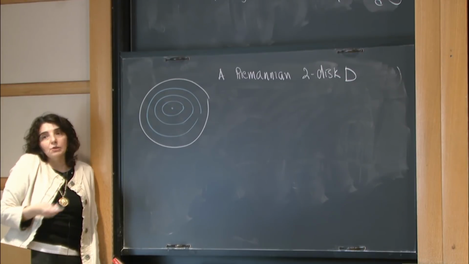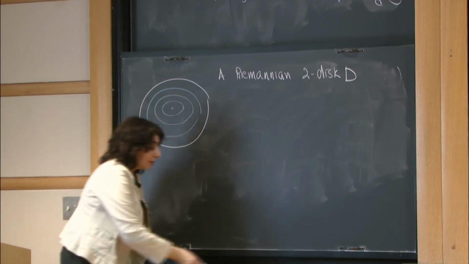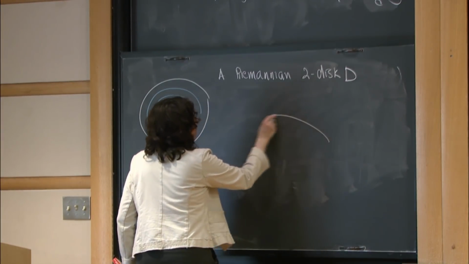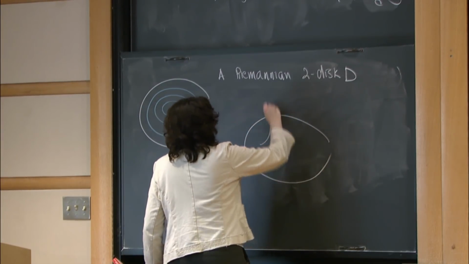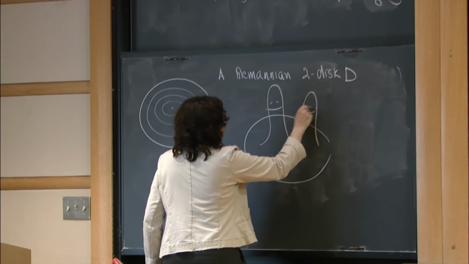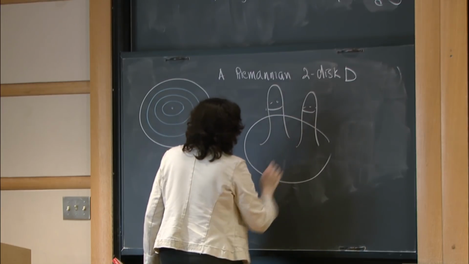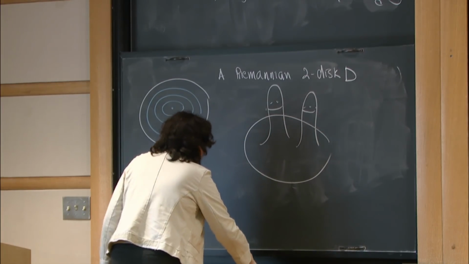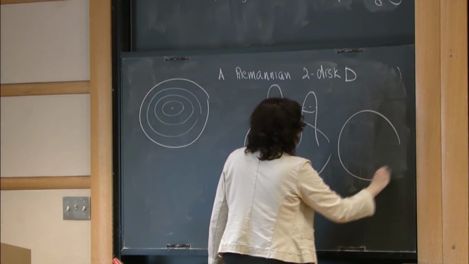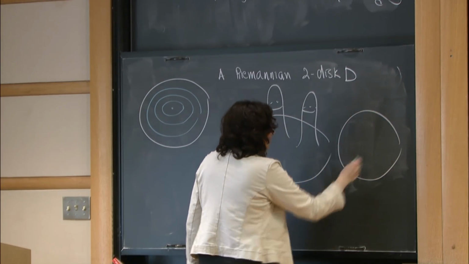Right? And that's usually what we imagine. However, because of the topography of the disk, we don't know. Maybe the disk has some hills or some valleys. And maybe as we contract the boundary of the disk, what happens is something like this.